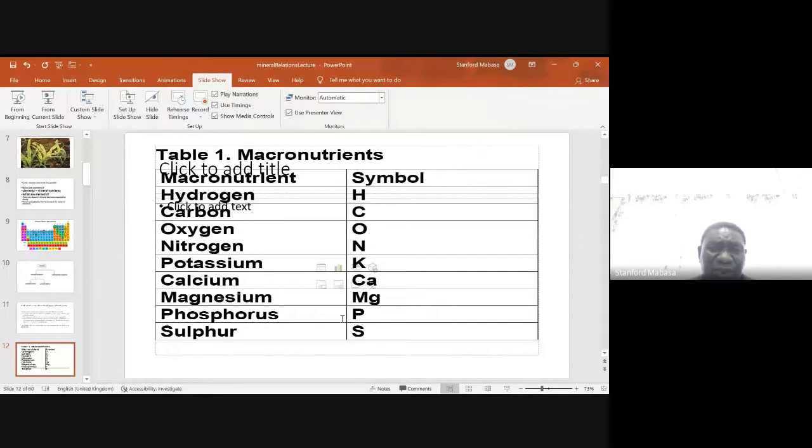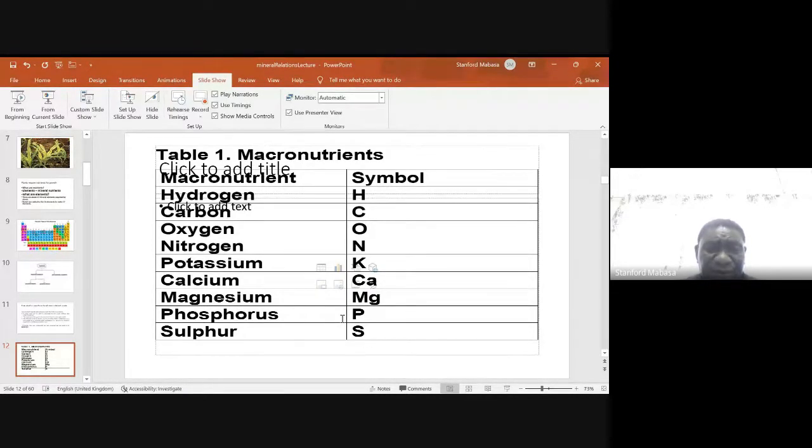We have got carbon. We have got oxygen, which can be obtained from the atmosphere. Carbon can also be derived from carbon dioxide. So the availability of the first three may not necessarily be limited because they are available.